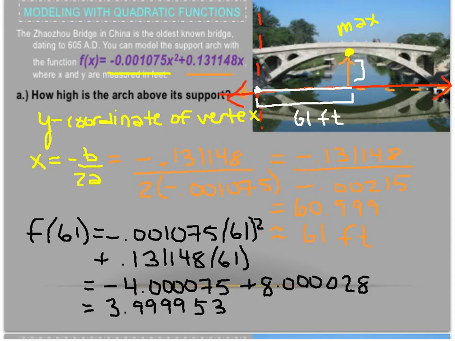Okay, so once I evaluate everything, I get about 3.9999953, so we're going to say that's approximately 4 feet, which means that the distance here is 4 feet. So this is a very low bridge, right? So here that's 4 feet, so how high is the arch above its support? 4 feet, so the answer to part A is 4 feet.